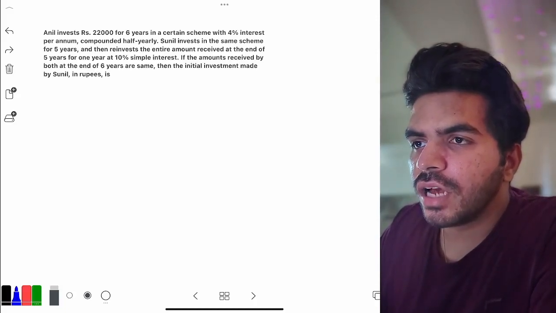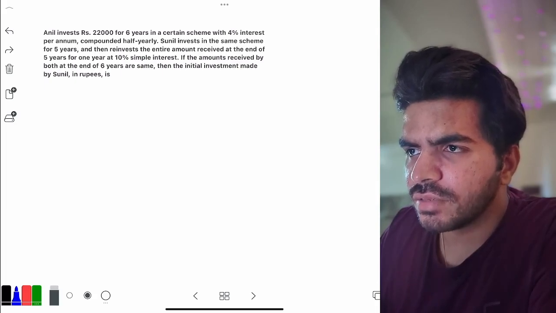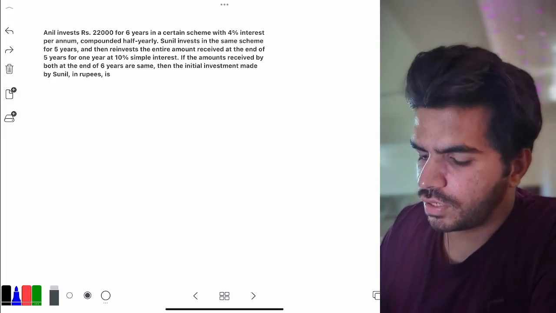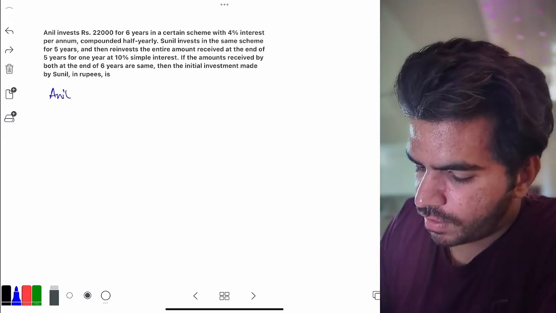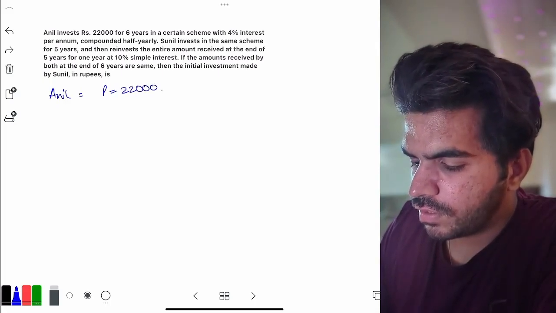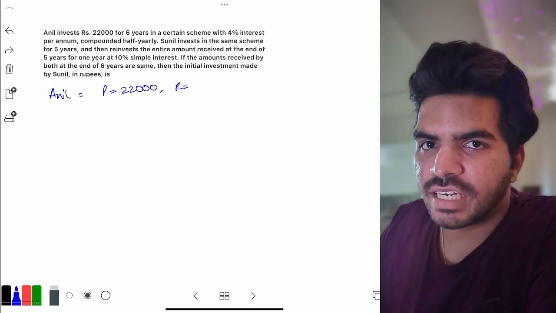So in this question, Anil invests a sum of 22,000 for 6 years in a certain scheme with 4% interest per annum compounded half yearly. For Anil, P is equal to 22,000. For the rate of interest, I'll directly go with each cycle.